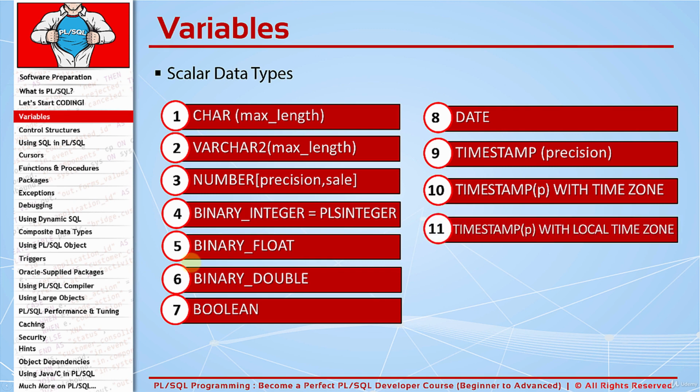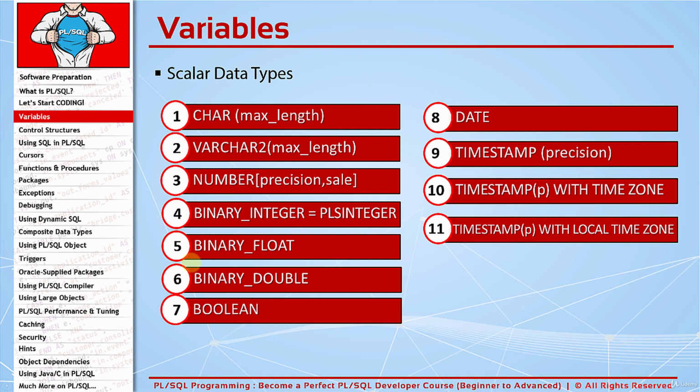And timestamp with local time zone. Actually, this data type resembles the timestamp with time zone data type. The difference is when you insert a value with this data type, it's stored in the database with the database's time zone, whatever your database time zone is set to. But when you query it, the Oracle server returns this value in the time zone of your session, your local time zone.